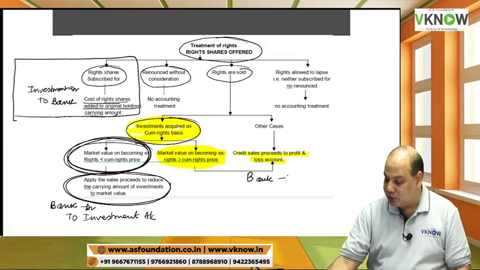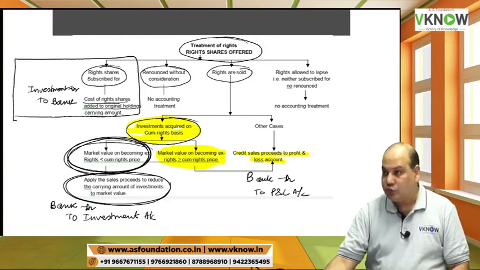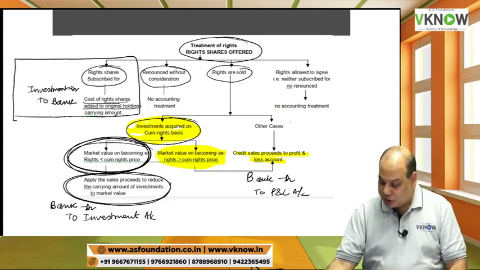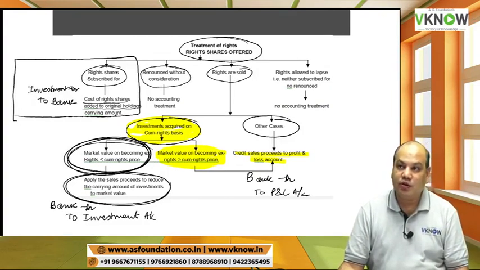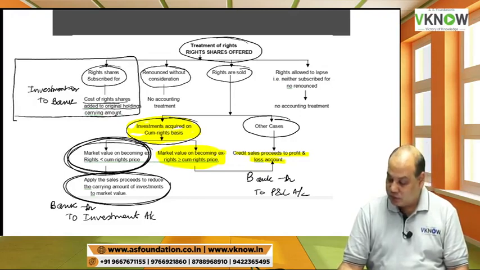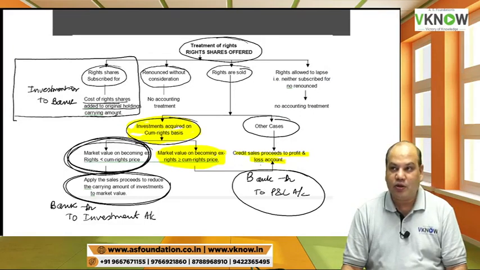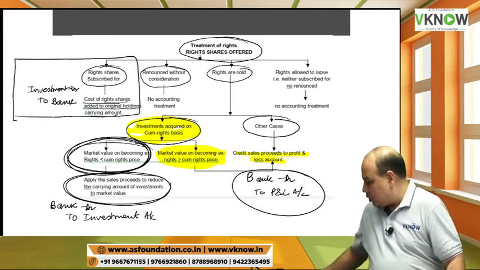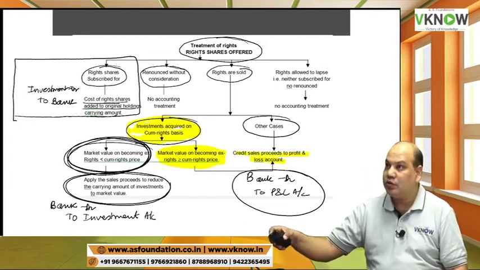The entry will be bank account debit to P&L account. And if shares are acquired on any other basis, then also the entry will be bank account debit to profit and loss account.